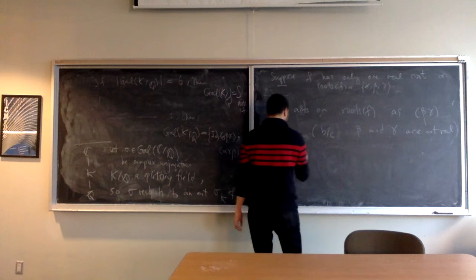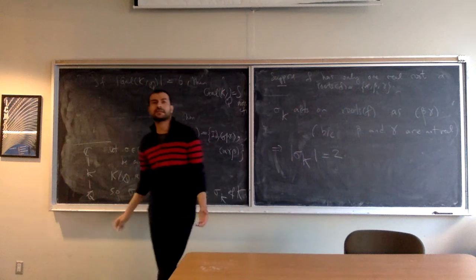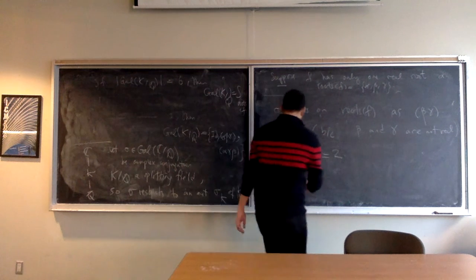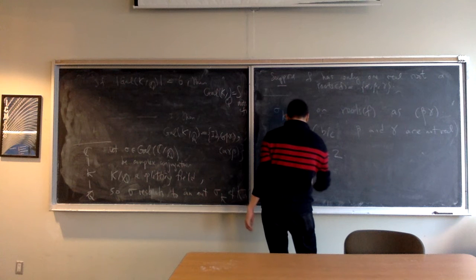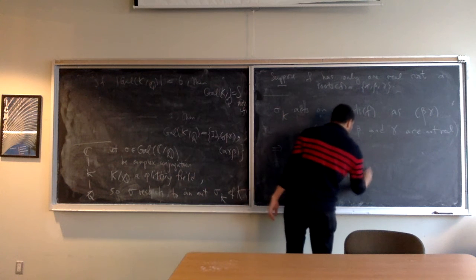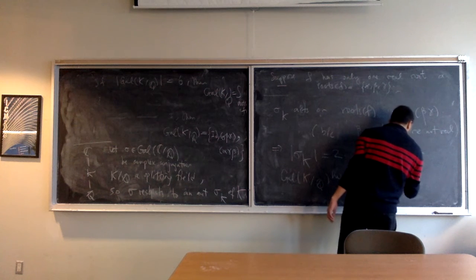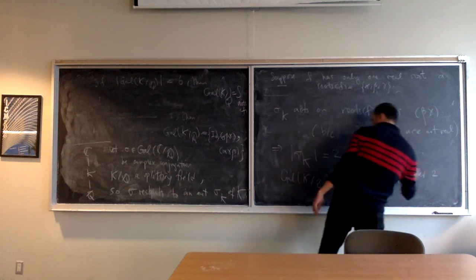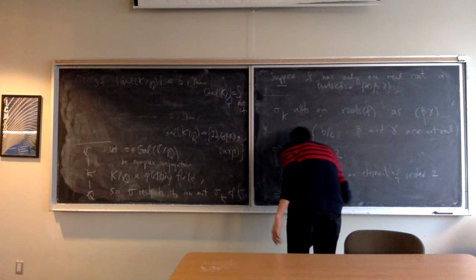The order of sigma K is 2, and so your Galois group has an element of order 2. So the Galois group of K over Q has an element of order 2. So 2 divides the number of elements of the Galois group.